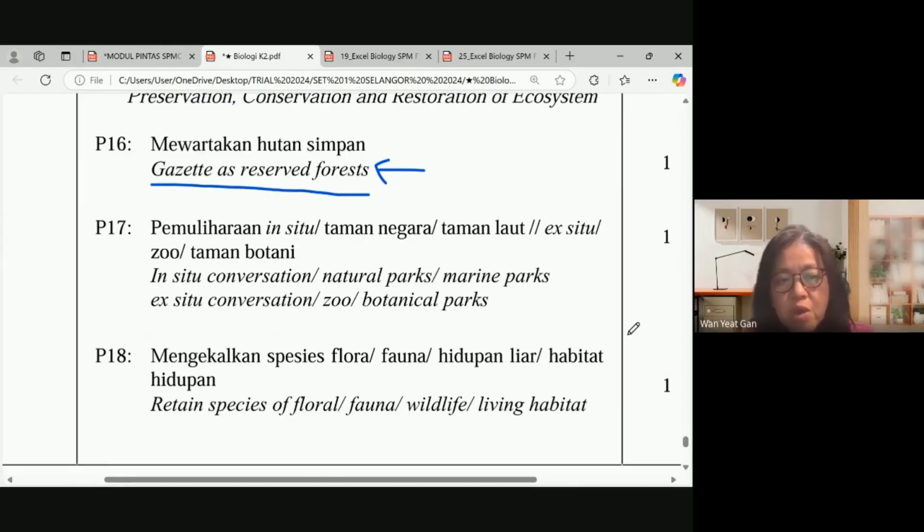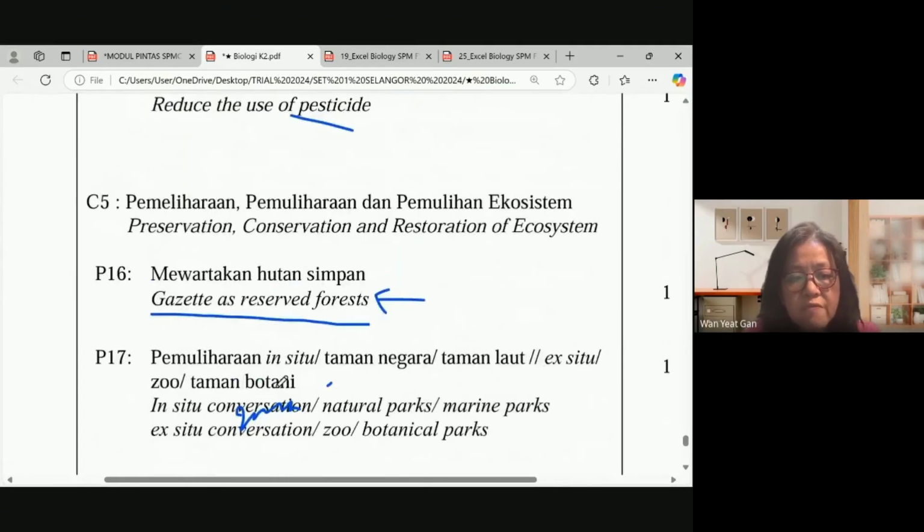We do not bring it out. Every component in the forest, we leave it there so that it will become more again in terms of population. In situ and ex situ are the two conservation methods.